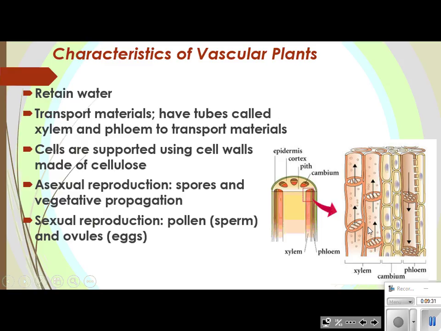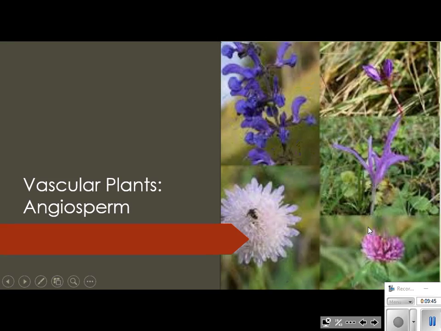Now, when we are discussing vascular plants, we have different types of vascular plants. If you've got room, you might want to jot these down somewhere below your notes. You might have a little bit of room.